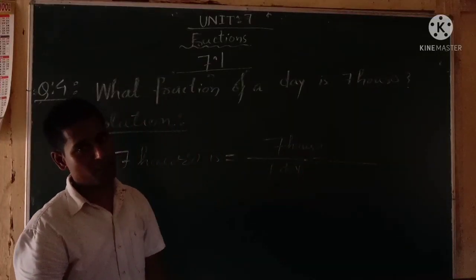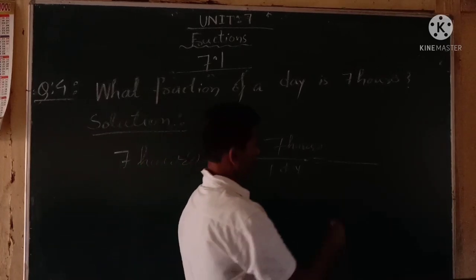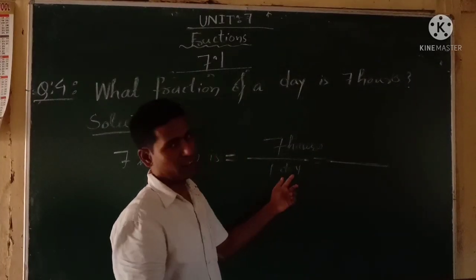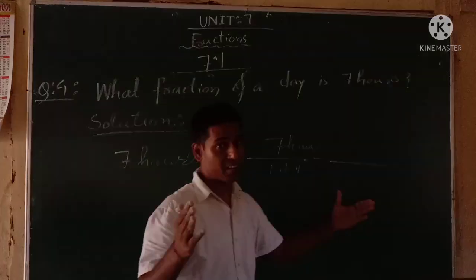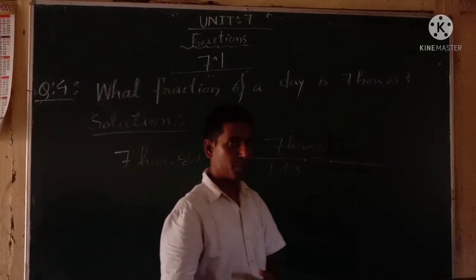But in a fraction the unit must be the same. So we'll convert the day into hours. Day is a bigger unit and hours is a smaller unit. Are you getting me?